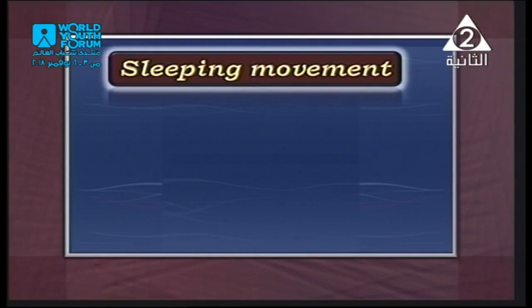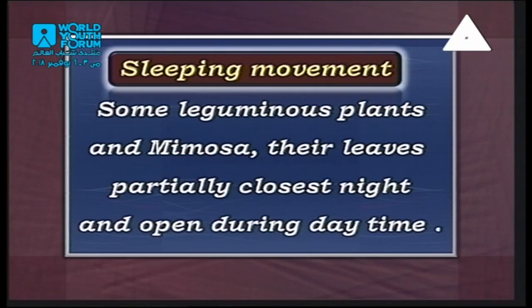What else? Also the sleeping movement. The successive opening and closing is called the sleeping movement. Like some leguminous plants and mimosa, their leaves partially close at night and open during daytime.